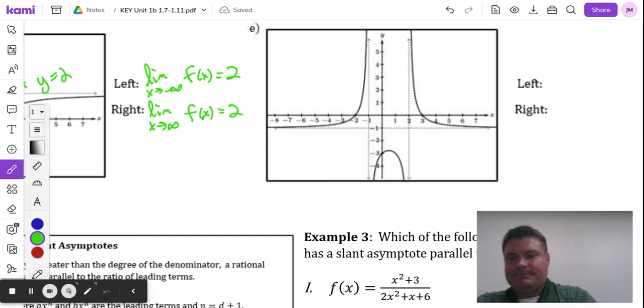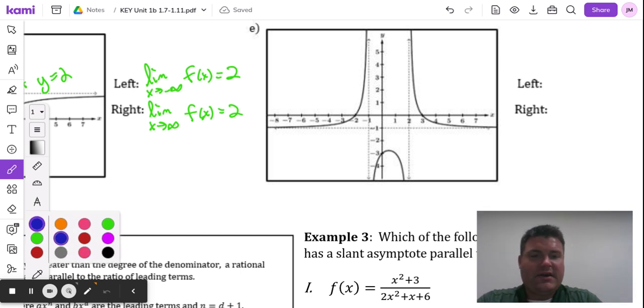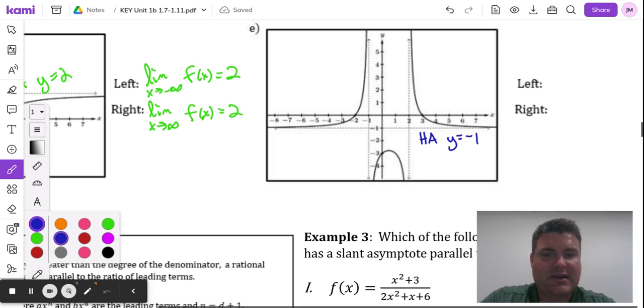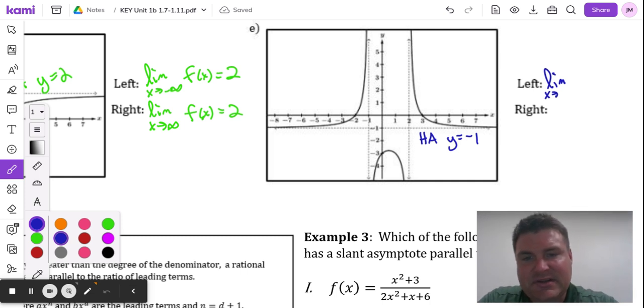And for E here, what I got going on here is I have a horizontal asymptote at y equals -1, which means that my end behavior on the right and left is going to be -1. So the limit as x approaches, again, this doesn't have anything. I'll just call this h of x, just so I have a name for it.